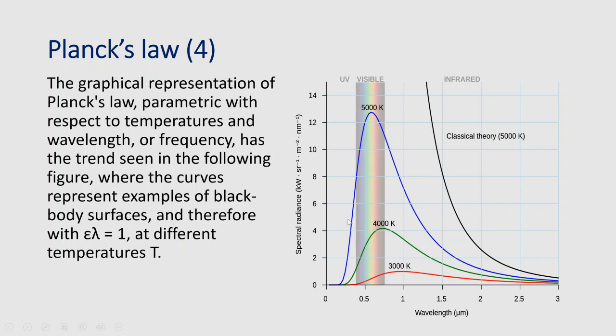And not only for every single wavelength, as I mentioned before, but for all the wavelengths we are taking into consideration. So if we calculate the integral, for example, between 0 and 3 microns, you will see that for the blue curve, it's very easy to get, the area under this curve is bigger than the one under 4000 and 3000, of course.